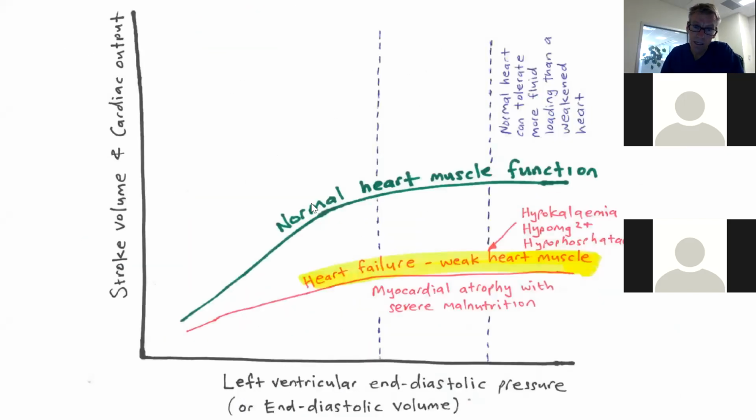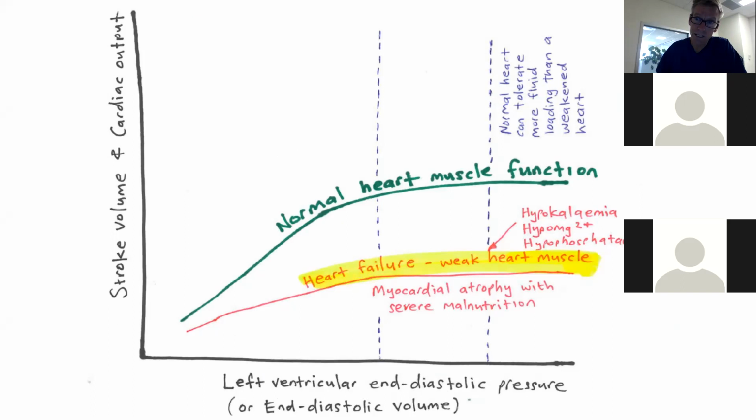In children who are malnourished, often they'll have a different Starling curve. You're familiar with the Starling curve for heart function, and that is, if you've got normal heart function, then as you increase your left ventricular end diastolic pressure, that is the volume in your heart, then that increases your contractility of your heart.